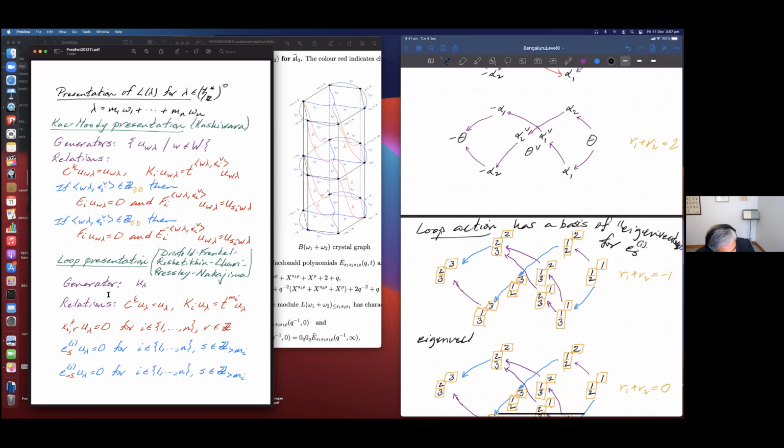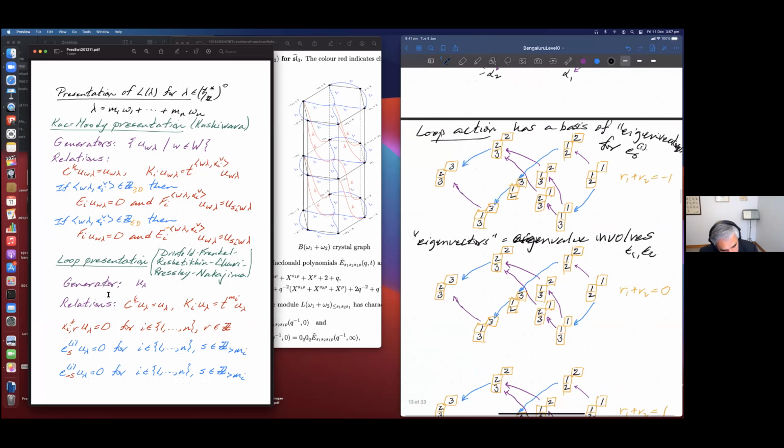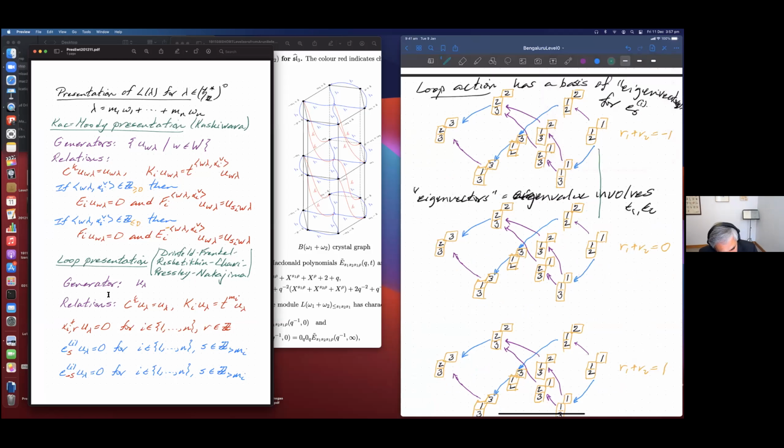But I put eigenvectors there in quotes. It means that they're not really eigenvectors because they might change the epsilon. They keep the same vector, but the eigenvalue could involve epsilons. But when you draw the picture of this, it is very nice because the picture just shifts these vectors.